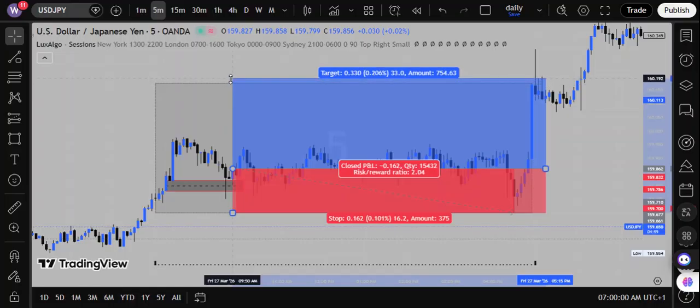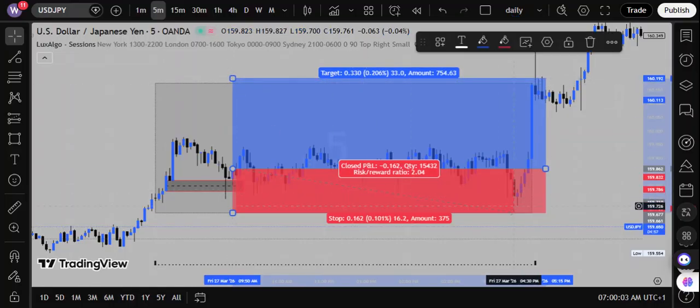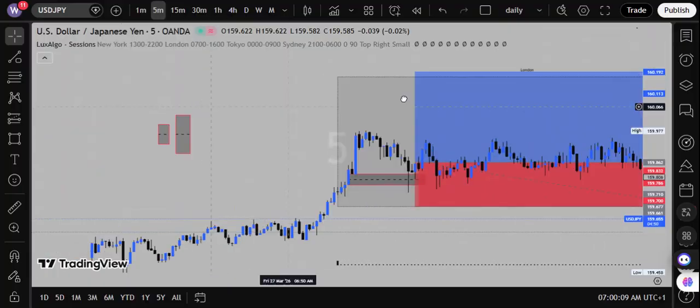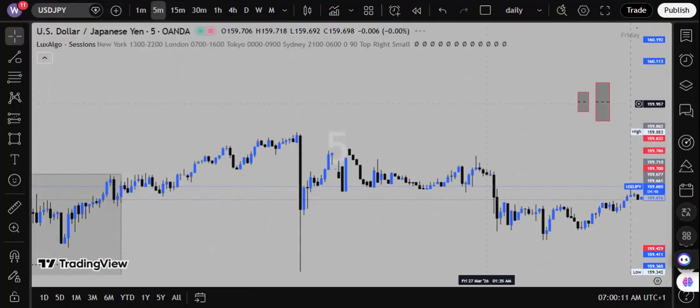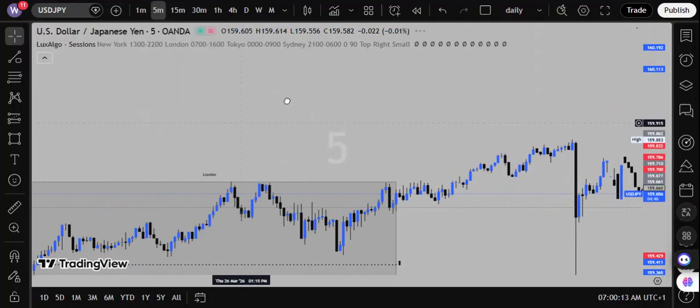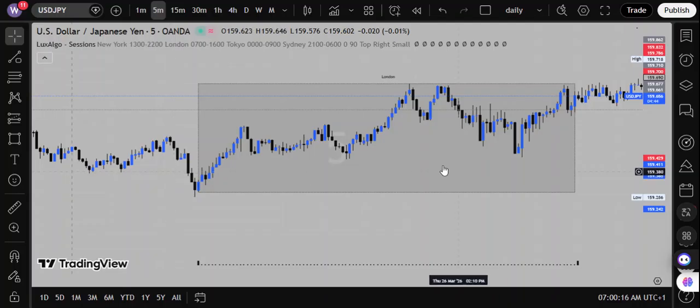But still, on this particular trade, we hit take profit. Price, we got stopped out before price moved forward. So I believe I've done justice to this London FVG setup.